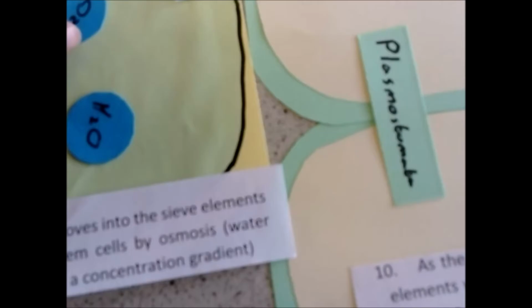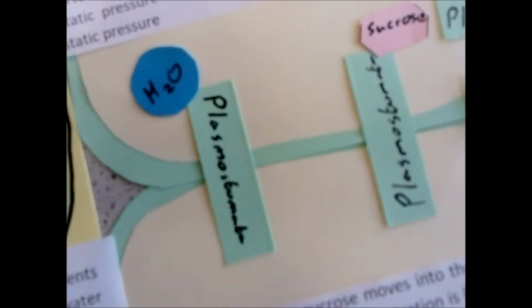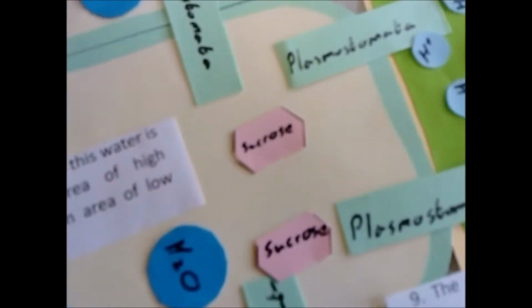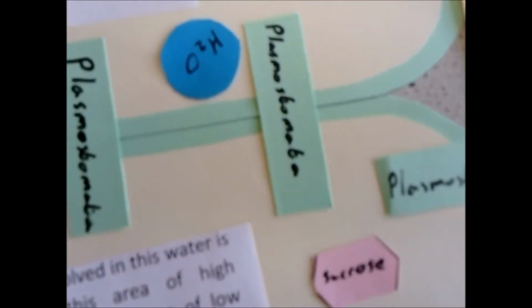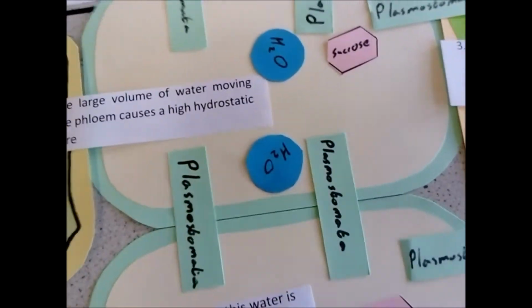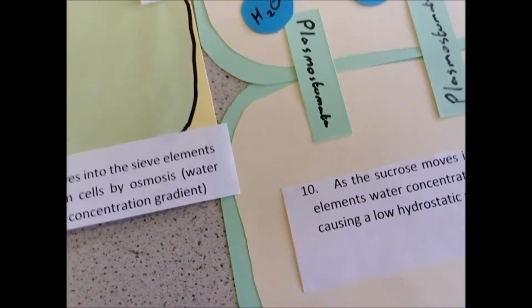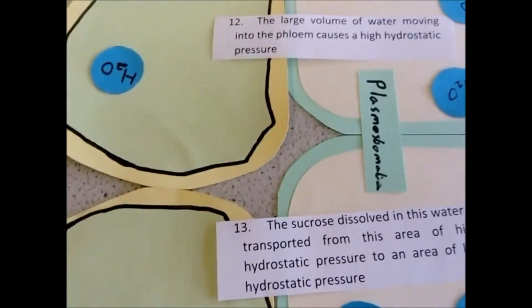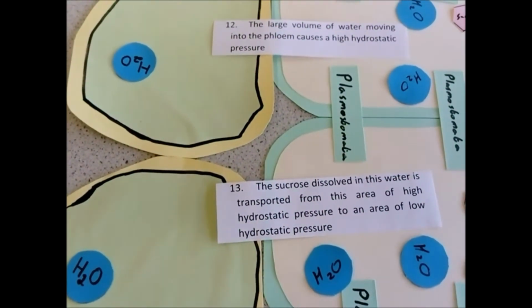So water will diffuse out of the xylem into your phloem sieve element because it will move down a concentration gradient. So this large volume of water that moves in causes hydrostatic pressure.